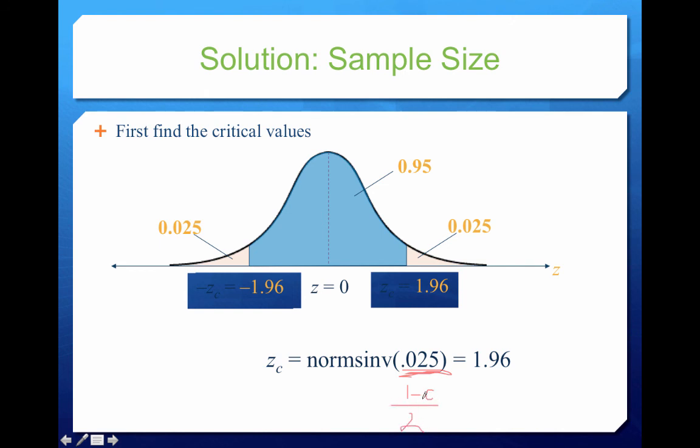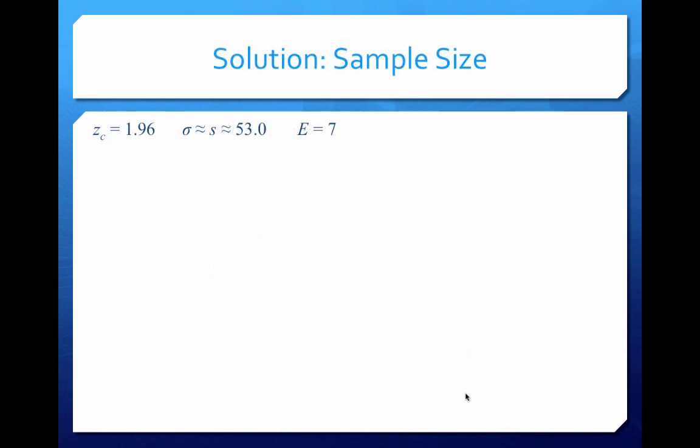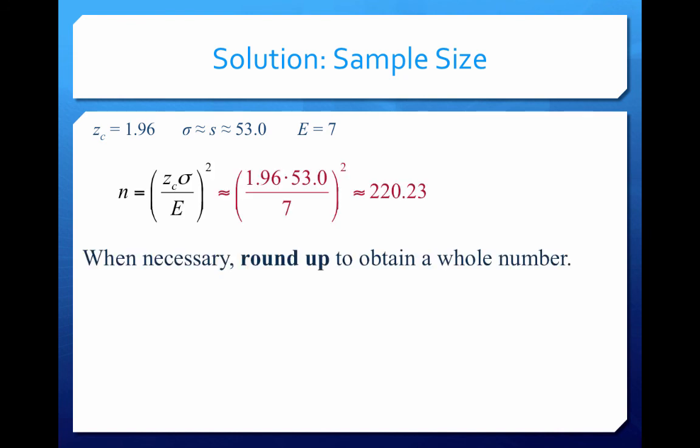So 1 minus 0.95 is 0.05. 0.05 divided by 2 is 0.025. When we use norm S inv of 0.025, remember Excel is going to return this as negative 1.96. It doesn't matter whether we're using the negative or the positive, might as well use the positive. Okay, so our critical Z is 1.96, our sigma, our standard deviation, is 53, and our error is 7.